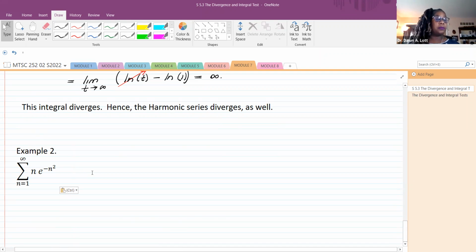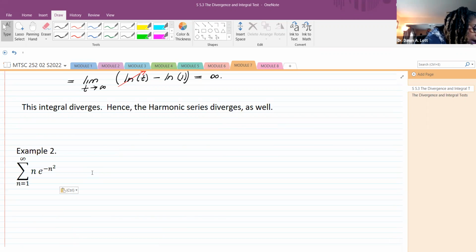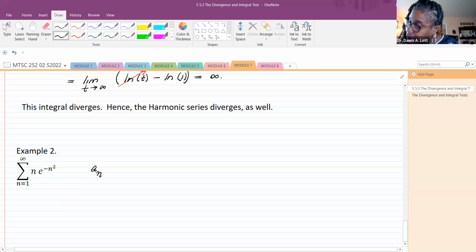Here's the next problem. So I have the summation n equals 1 to infinity of n e to the negative n squared. Okay, so now I have to create my function f. All right, so my a sub n is n e to the negative n squared.